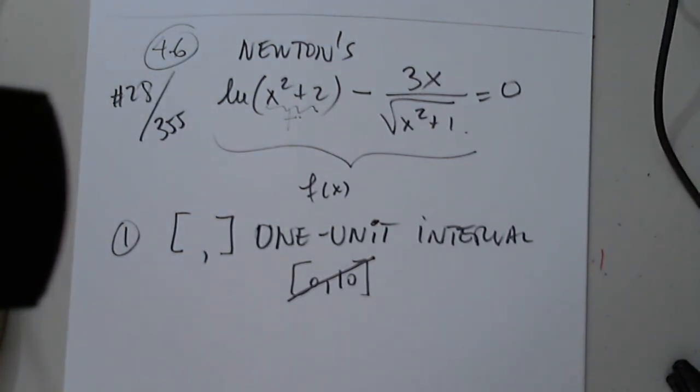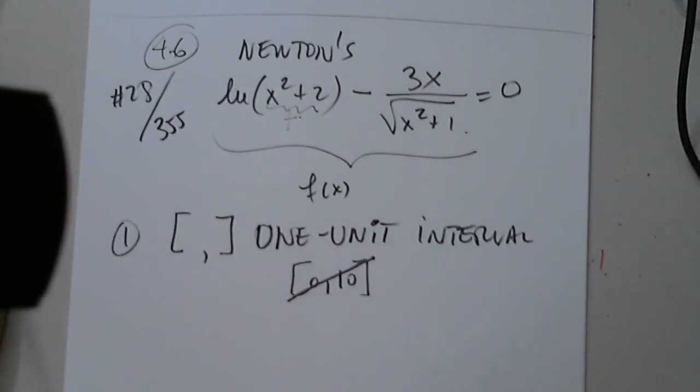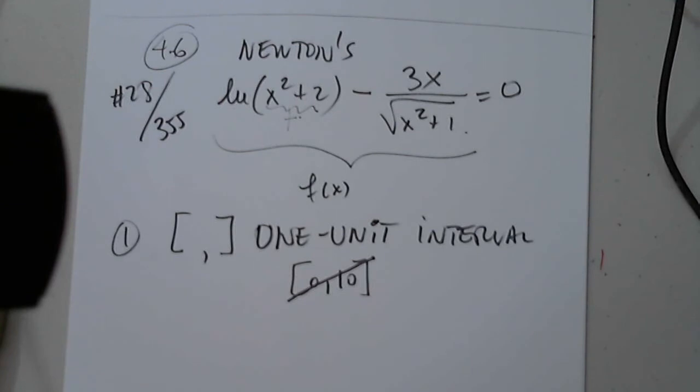Be very careful. It's an ugly function when it comes to putting it in the graphing calculator. Okay, so I have natural log of x squared plus 2, and then minus 3x. The numerator doesn't need parentheses because it's a product.